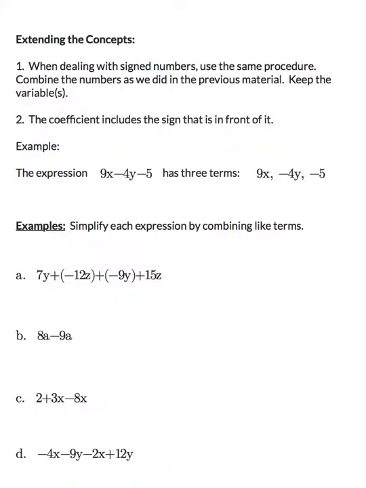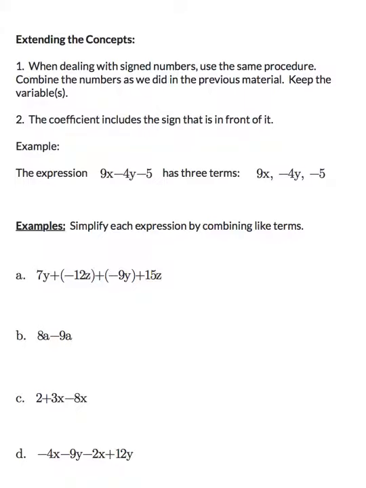So far, we haven't talked about dealing with negatives. We talked about some subtraction, but we haven't seen anywhere we have negative numbers in our answer. So let's go ahead and look at this section. When dealing with signed numbers, we want to use the same procedure. We want to combine the numbers as we did in the previous material. We keep the variables.